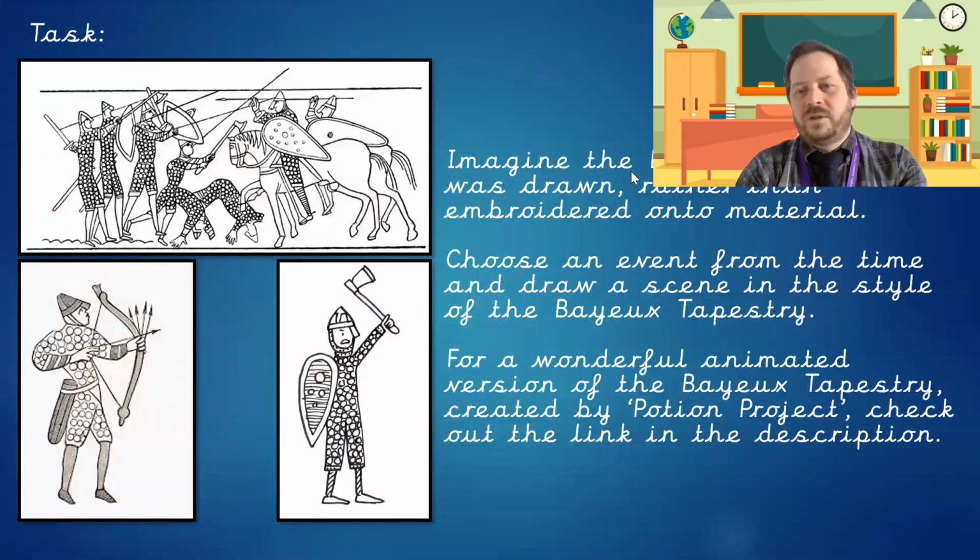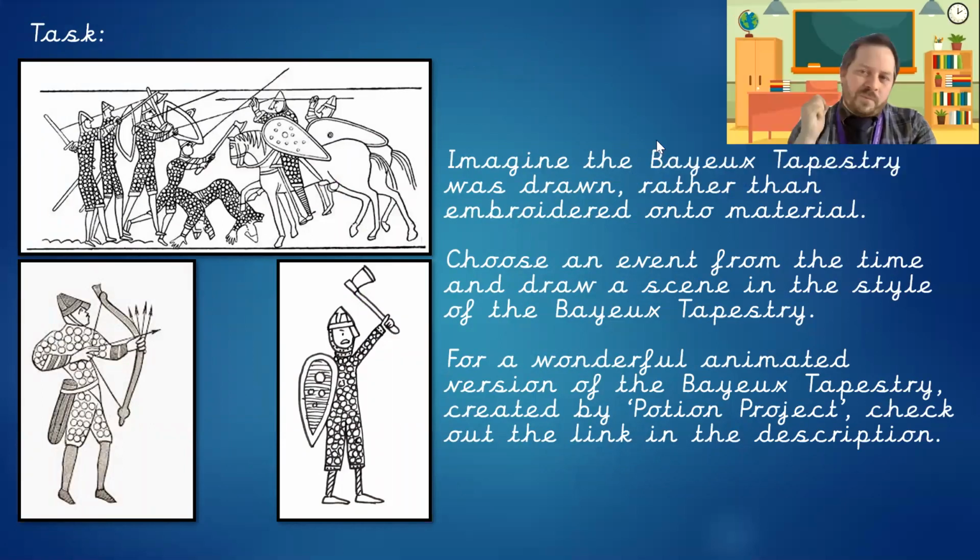Okay, so your task today. Your task is to imagine that the Bayeux Tapestry was drawn rather than embroidered onto a material. And you are going to create a part of the Bayeux Tapestry yourself. You're going to choose an event from the time and draw a scene in the style of the Bayeux Tapestry.